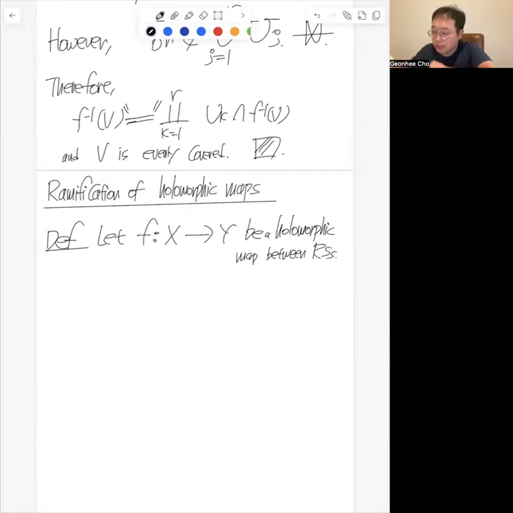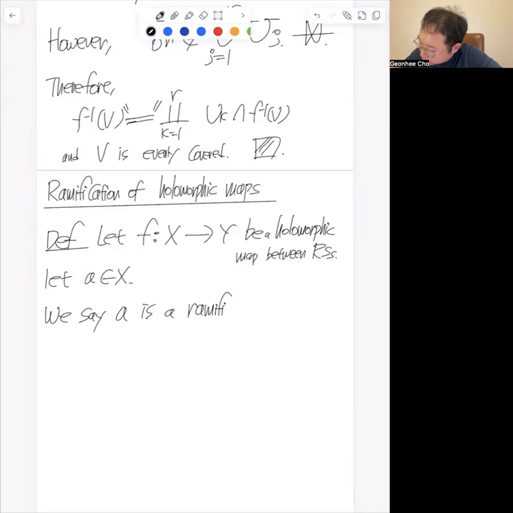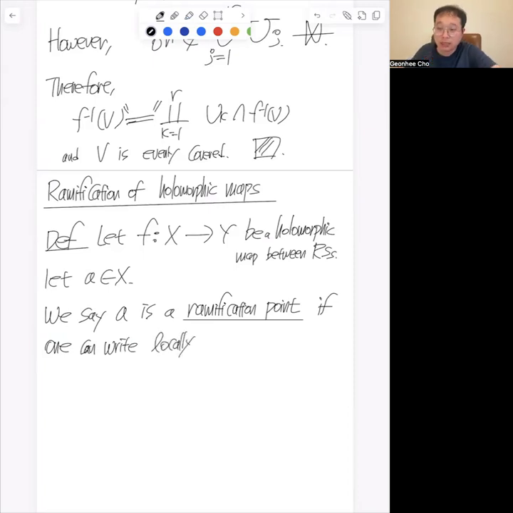That's the condition, and we will choose an arbitrary point a from X. We will say this point a is a ramification point if one can write f locally as follows.